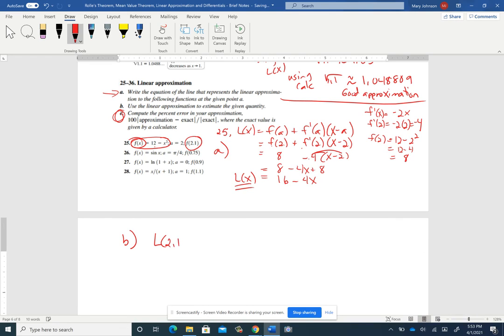So I'm going to do L of 2.1 and get that worked out. So that's 16 minus 4 times 2.1, and I get 7.6, and that's an actual equal sign because I'm really finding the value of the linear approximation. So it equals 7.6.